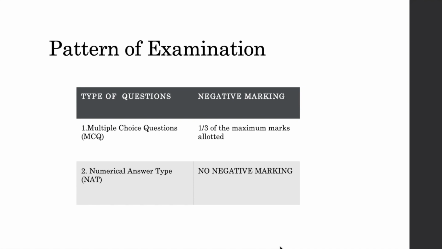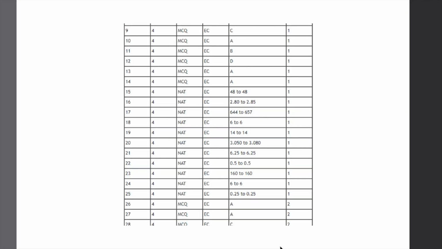So if the question itself mentions that we have to enter the answer up to 2 decimal places, then we have to give the answers in that range only. And then accordingly the marks will be allotted for that question. I have taken an example, a screenshot of the answer key provided by IIT Delhi for GATE 2020.